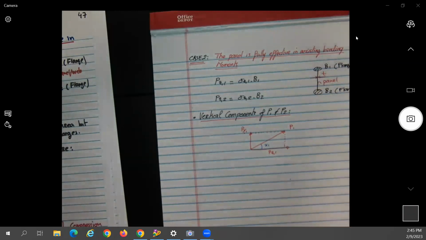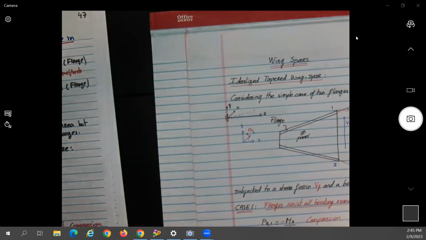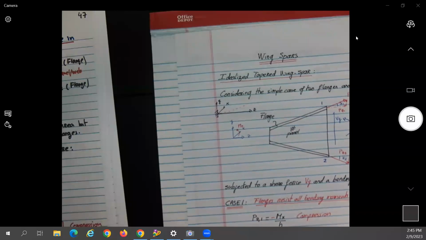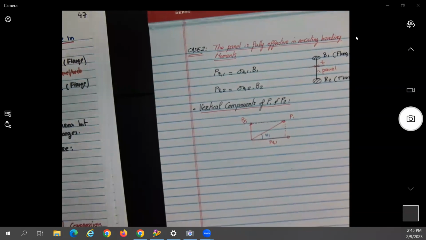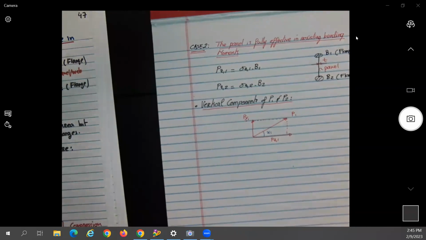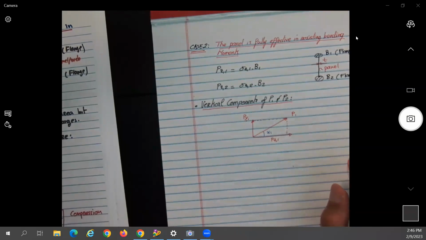Okay, let's go back to the initial figure. Yeah, maybe I'm going to redo one over here. Okay, let me redo one figure. One, two, three, four. Let's see, I can do here 2.